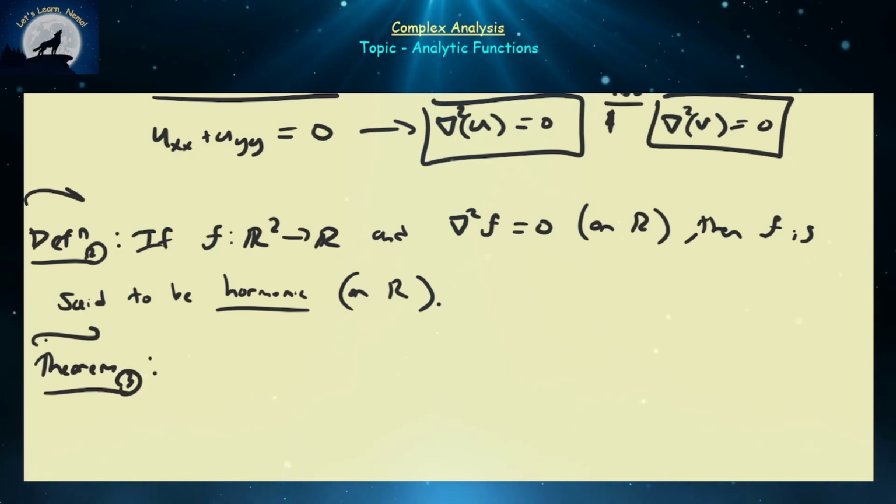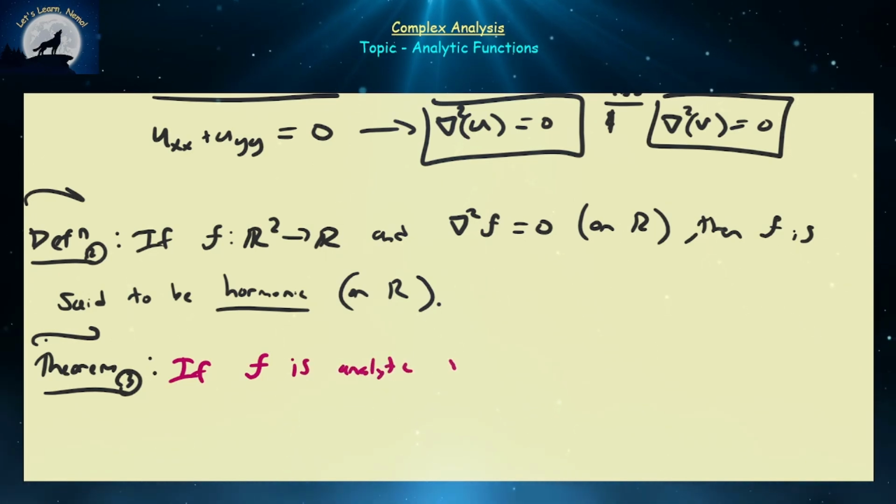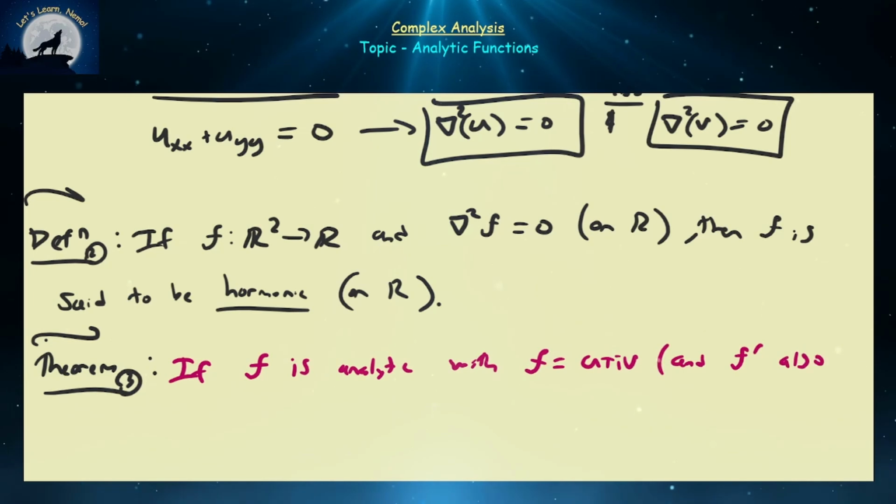So theorem 3, let's state it formally. If f is analytic with f equal to u plus iv, and also f prime is analytic, which again I mention only because we need it for this theorem, but later we will see that of course f prime is analytic because f is analytic too.